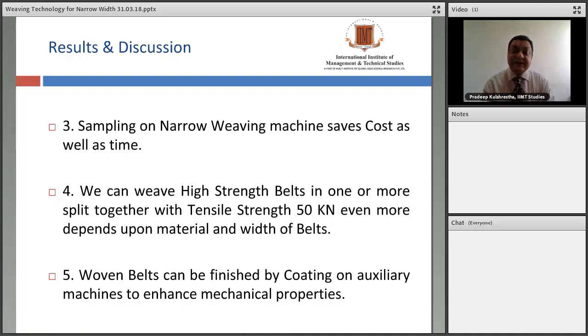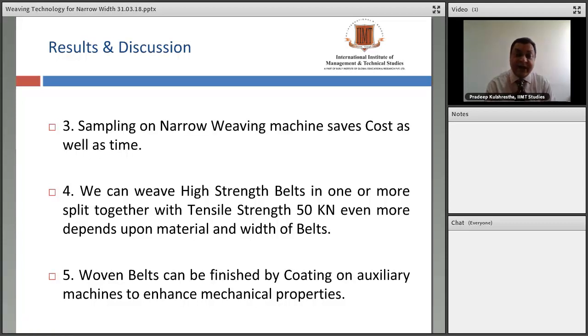To decide on the right yarns, we have to reject many samples, so material will go to waste. But if there is a narrow weaving machine, we make a small quantity of fabric with less material, and cost will be saved in sampling. Even if rejected, there is not much problem because the cost to develop the sample was less. Development is very important; some cost goes into development.